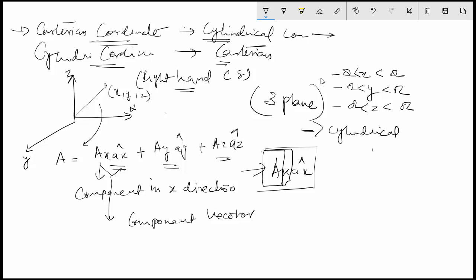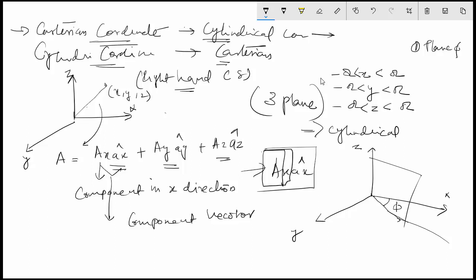And in the cylindrical coordinate system, taking a simple example, it's possible to represent a point in space using three things. The first thing is a plane with an angle phi. So if this is my x, this is my y, and this is my z, and I have a phi angle making with the x axis, and I'm extending this, then this is a plane with the angle phi.